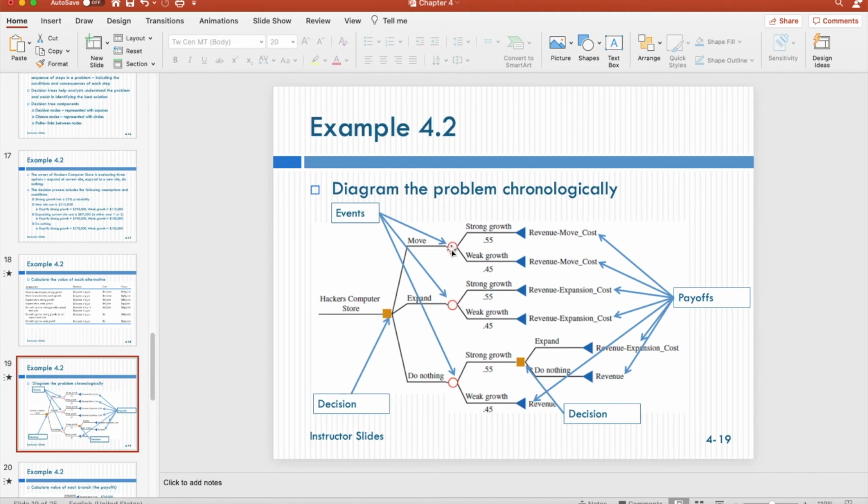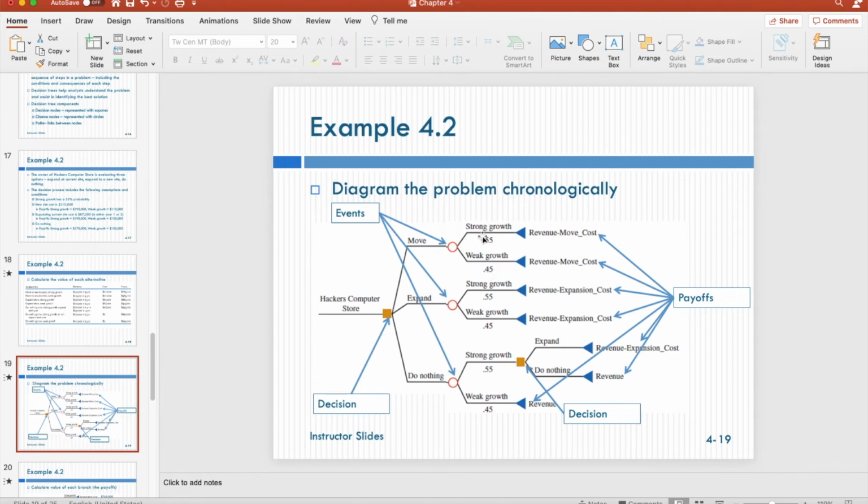And no matter whether you choose to move to a new site, expand or do nothing, finally the economy growth or the product growth will be realized, right? You only have two consequences. One is the strong growth, another one is called weak growth. As I said, whether it's a strong growth or weak growth, this is out of your control. Based on the previous or historical information, you can have some experience about it. That's why you can predict that the strong growth here would be 55% and the weak growth here would be 45%.